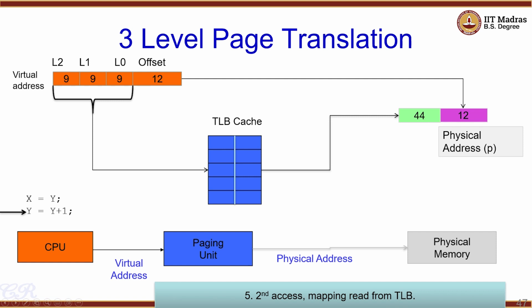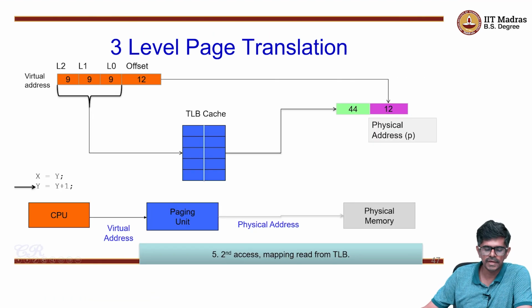And therefore the second access to the same page, or pages which have already been loaded, would be considerably faster, right. So as long as I have a large enough TLB cache, I can cache quite a bit of virtual to physical mappings and eliminate a lot of page table lookups.